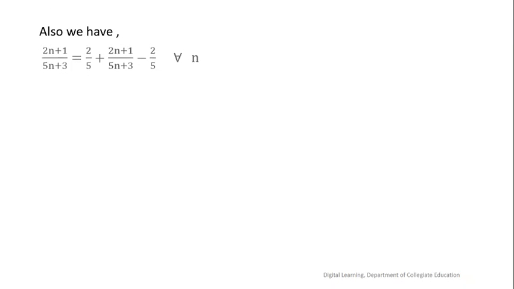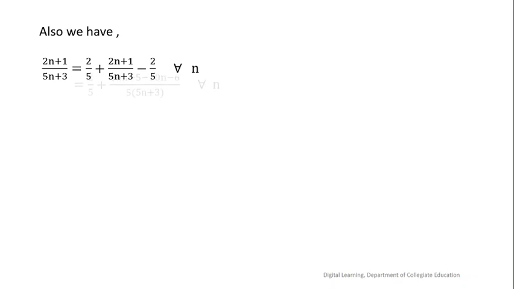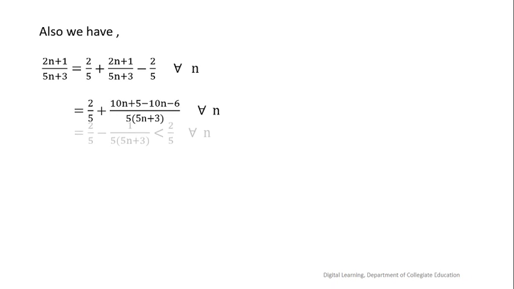Also, we have (2n plus 1) by (5n plus 3). Here, we add and subtract 2 by 5, then we will get 2 by 5 plus (10n plus 5 minus 10n minus 6) by 5 into (5n plus 3) for all n.